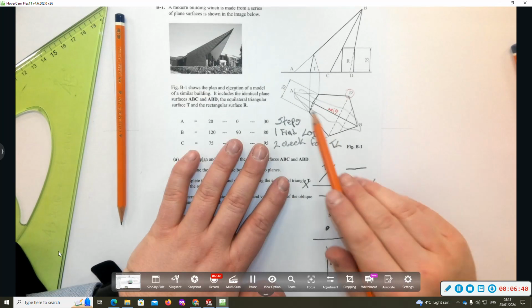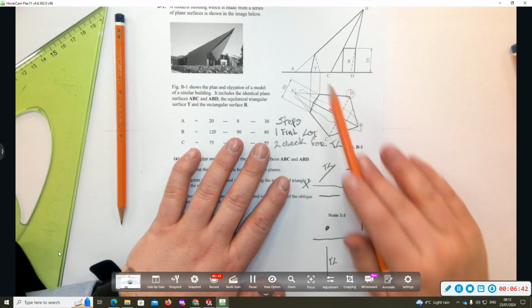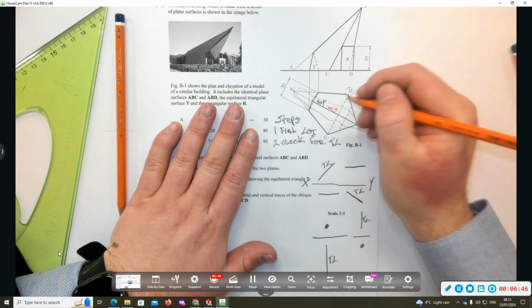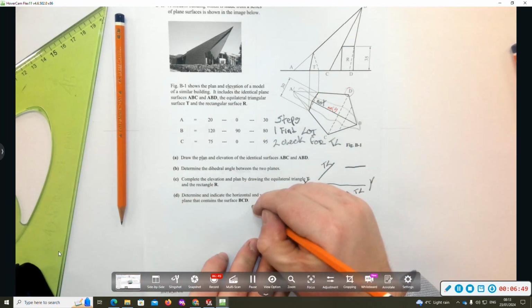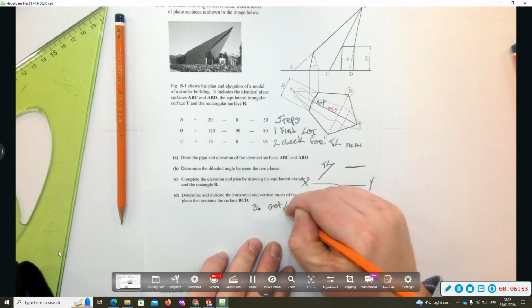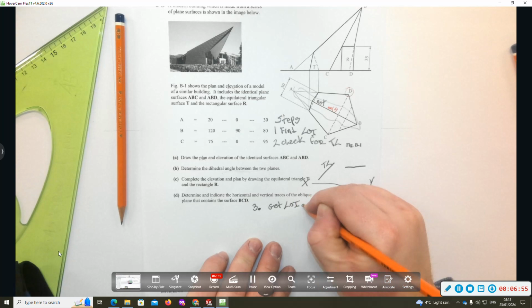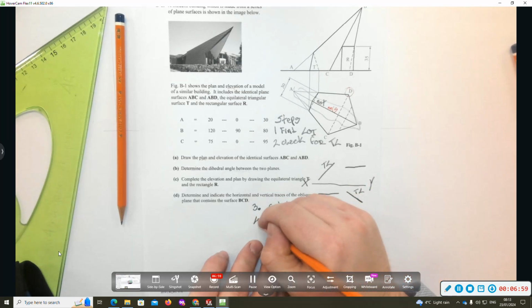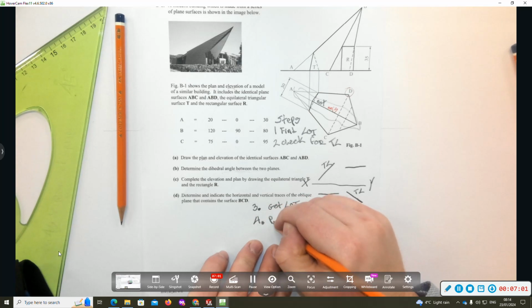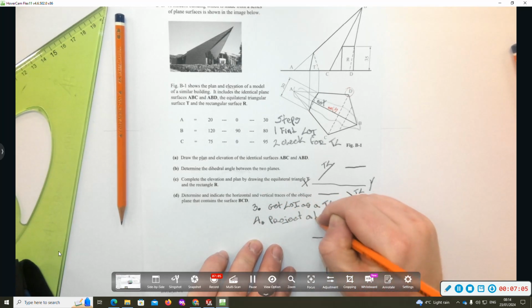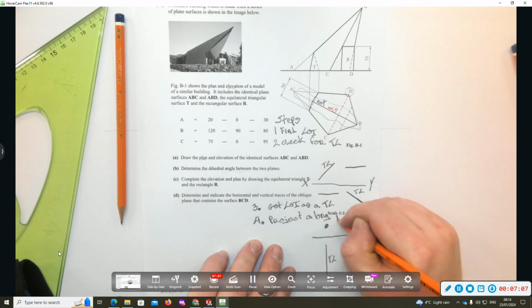Okay, our line of intersection is neither of them, so it's not a true length. We need the line of intersection to appear as a true length. So 3 is get LOI as a true length. TL for true length. 4, project along TL, true length.